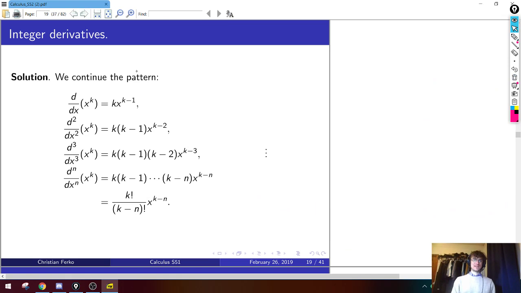Let's see the next slide if that's actually correct. I think I have the wrong answer here. Is that right? Because k, yeah, this is not right. Check it. Yeah, let's try k equals 3 and see if this is right. So this would be 3 times 2 times 1 over, or sorry, let's try k equals 3, n equals 2, for instance.